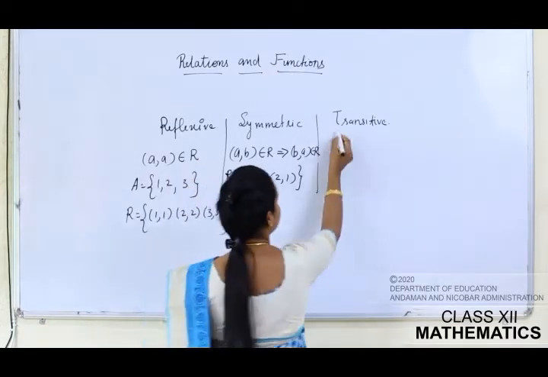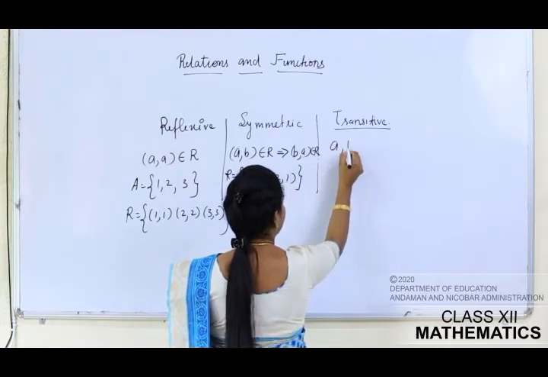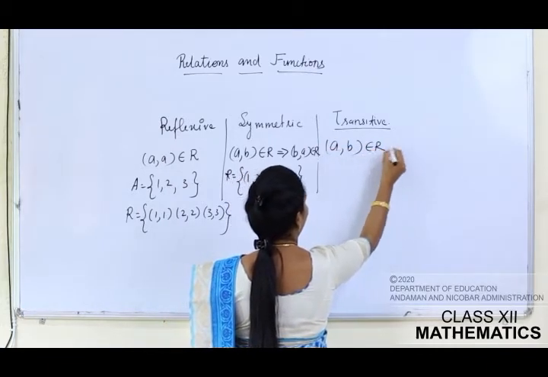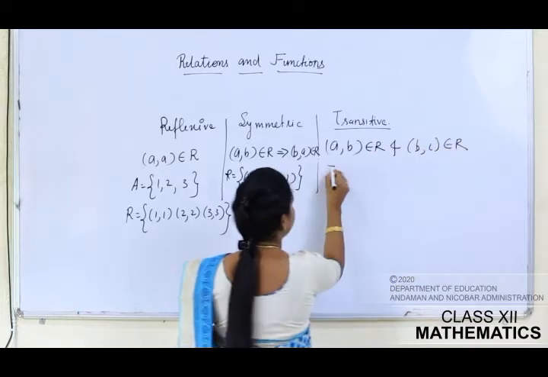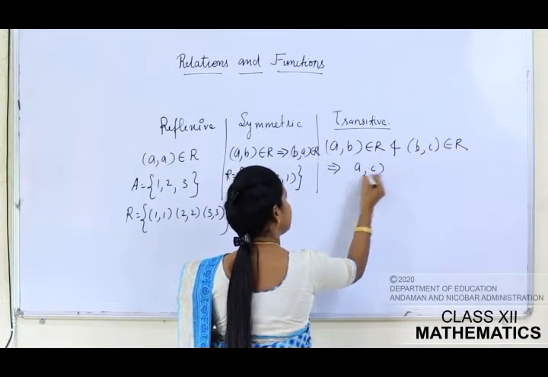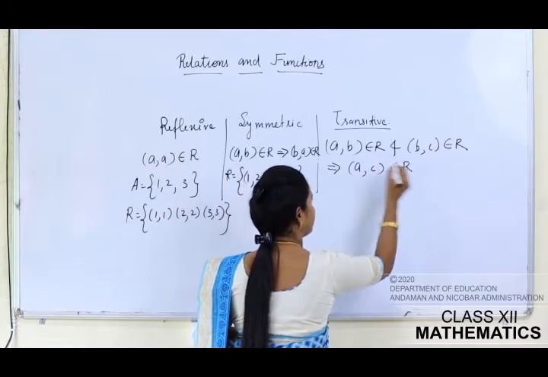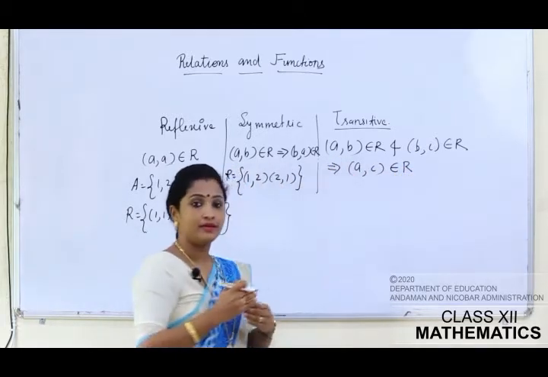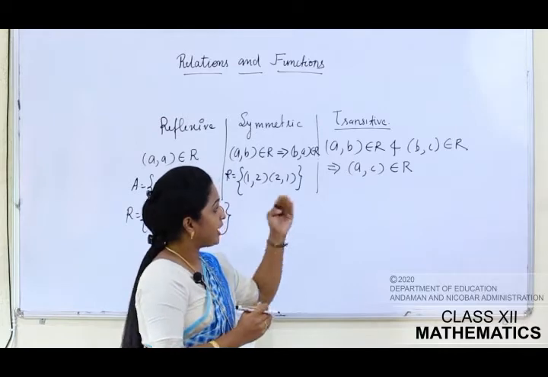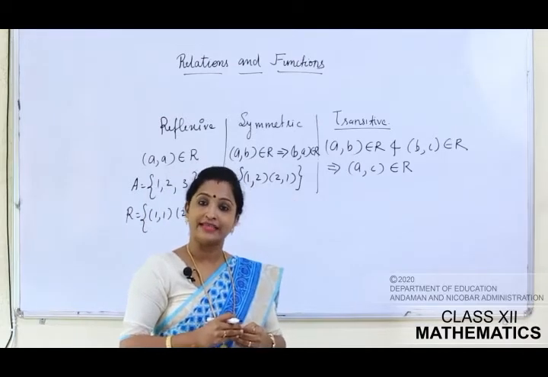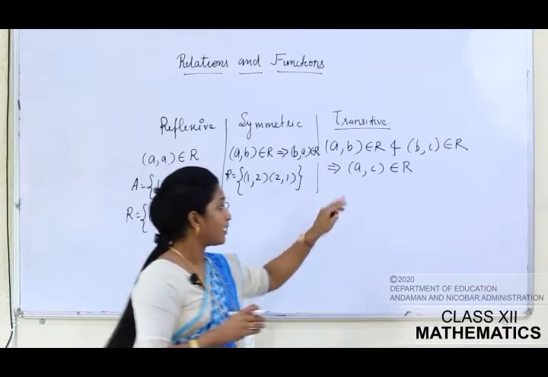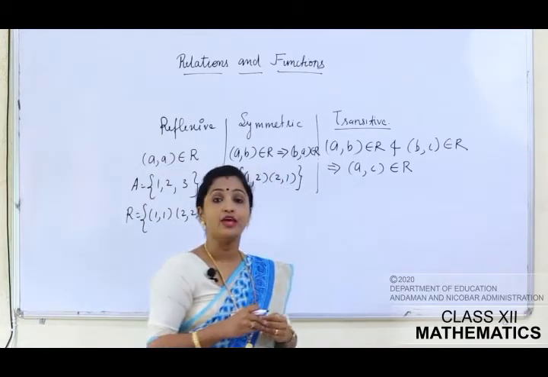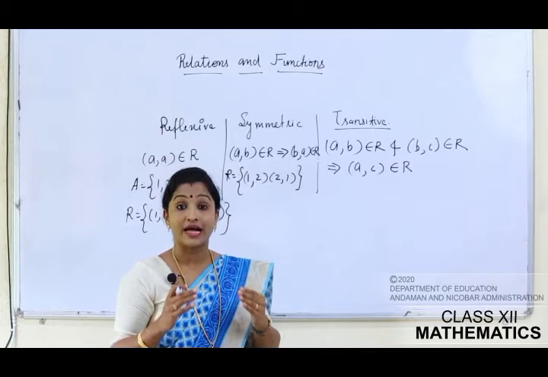Come to transitive. What is transitive? (a, b) belongs to R and (b, c) belongs to R implies (a, c) belongs to R. Means if (a, b) is present in R, (b, c) is also present in R, then (a, c) will be there in R. तो अगर आपको ऐसा condition मिल रहा है, you can say that it is a transitive relation.